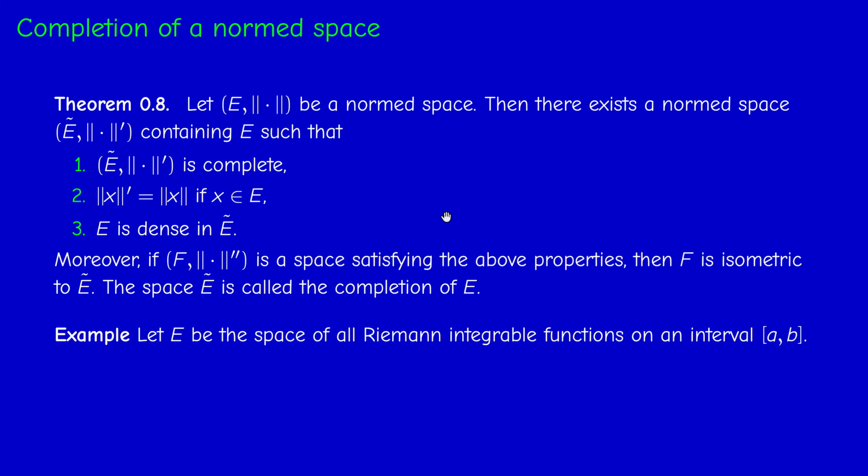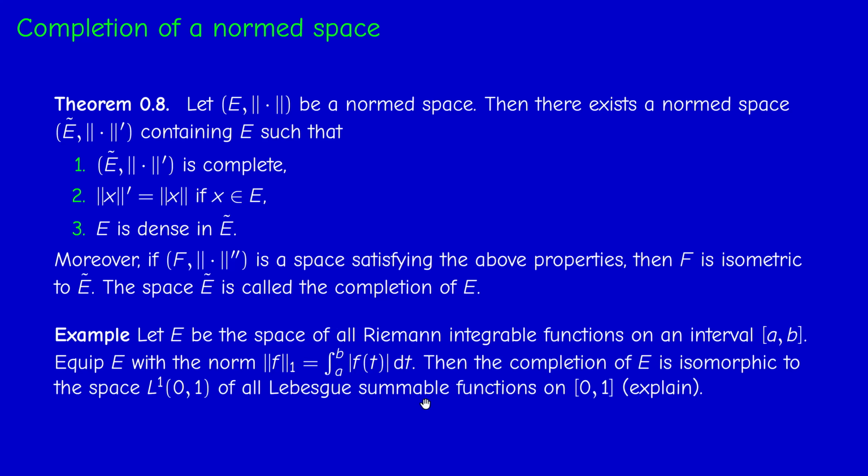If you take the space of all Riemann integrable functions on a closed interval [a,b], and you equip it not with the sup norm but with the one norm, then you may prove that the completion of E is isomorphic to the space L1 of all Lebesgue summable functions on [0,1]. Now, [0,1] closed or open doesn't change anything because the measure of a singleton is 0. So actually, L1 of [0,1] closed or open is the same thing.